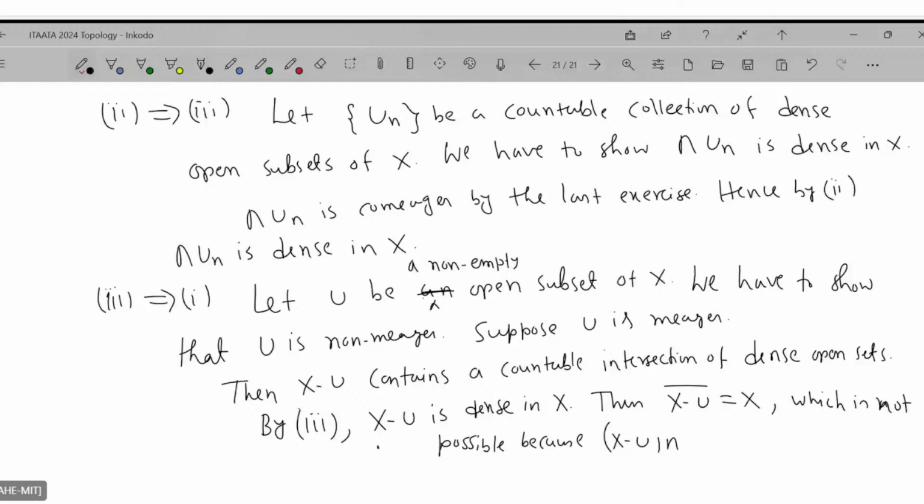U is an open set, but it's not intersecting X minus U. So therefore, the closure of X minus U cannot be X. That's the thing. So hence, which is a contradiction. So hence, U should be non-meager. Hence, U is non-meager.